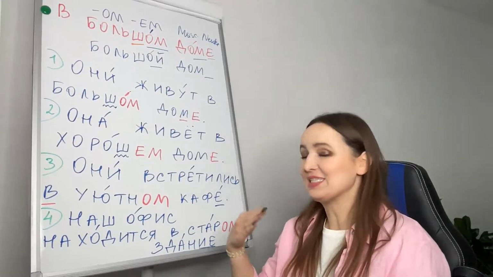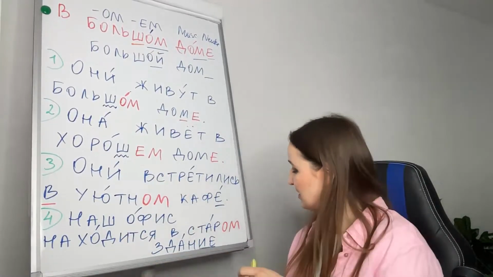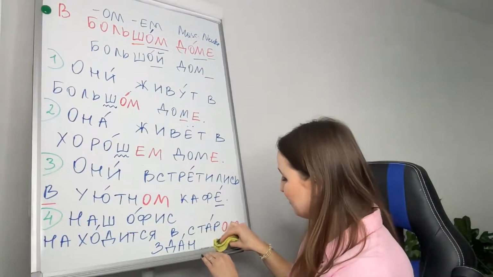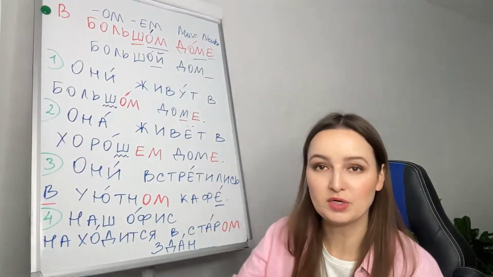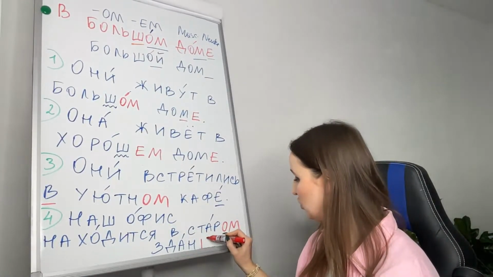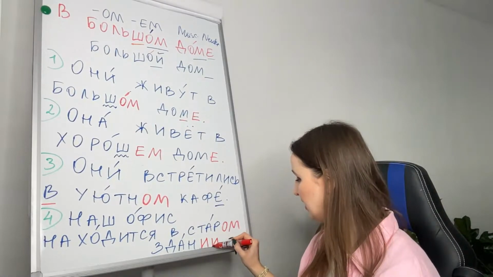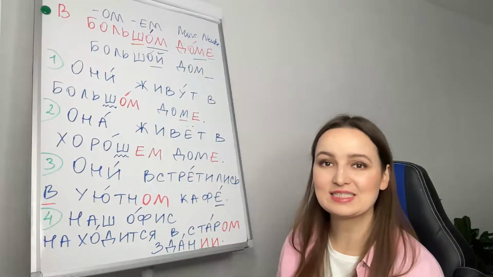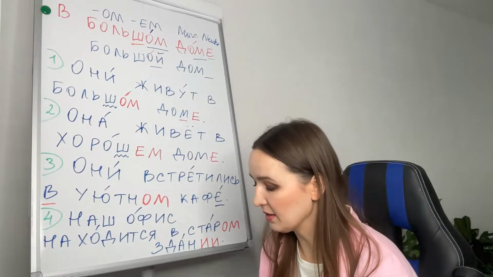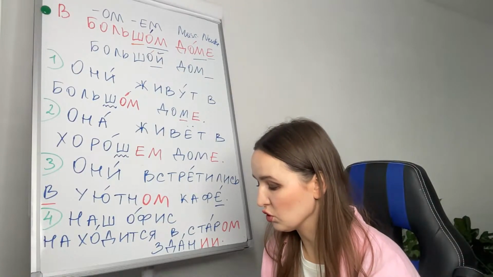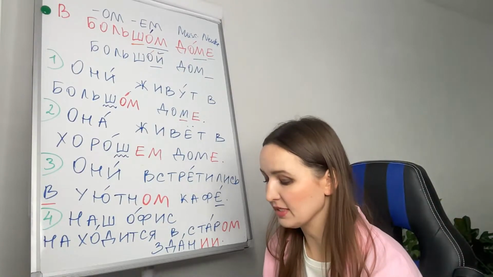В старом здании. So ie will be replaced with ii in neuter. Здании. В старом здании. Очень хорошо. В старом здании.